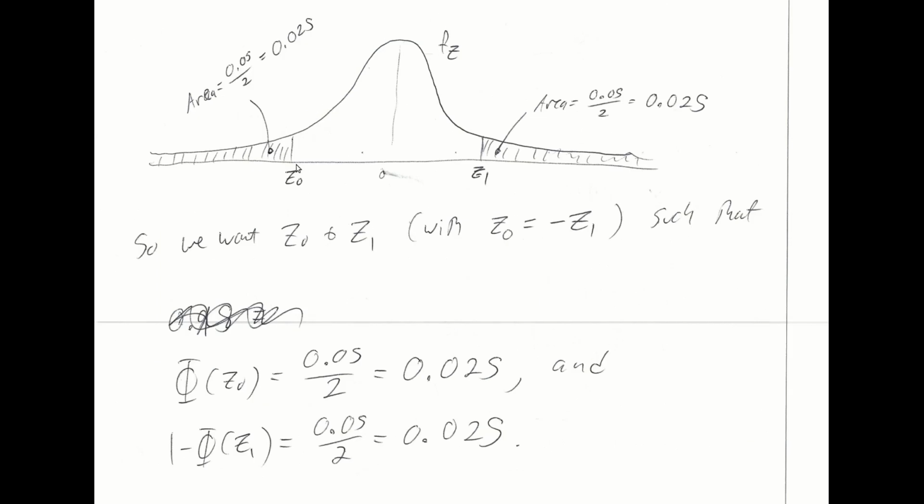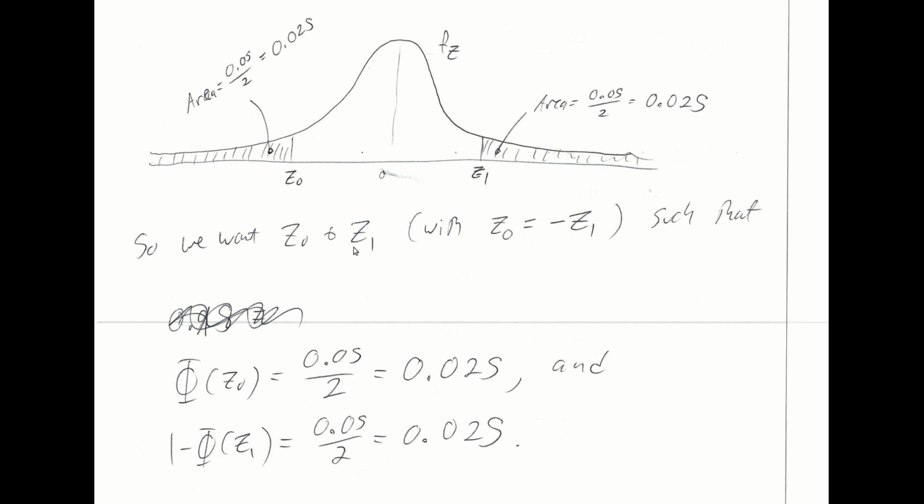We're ultimately looking for this as z0 and z1, so that a standard normal, z, has only a 5% chance of ending up in this left tail or ending up in this right tail. So further from 0 to the left than z0, and further from 0 to the right than z1. And so we want the sum of the areas of these tails to be 5%, meaning each of the tails has the area 0.025.